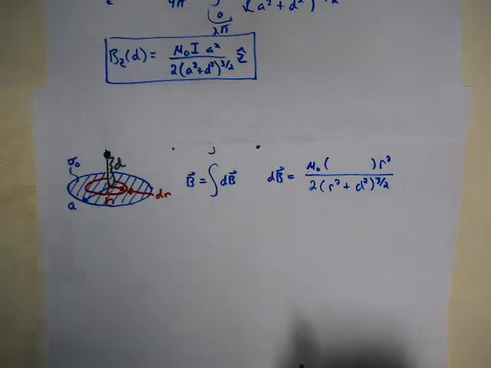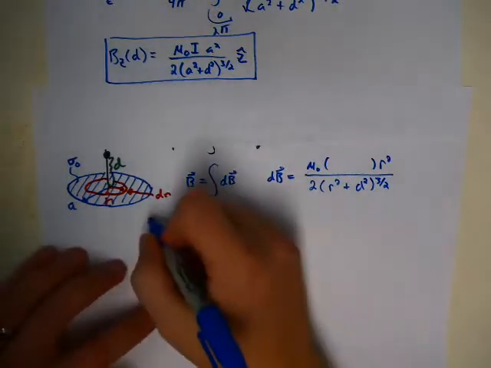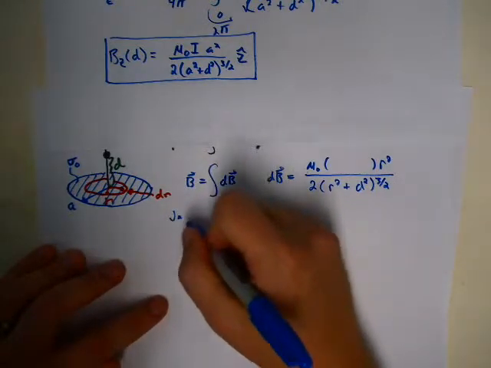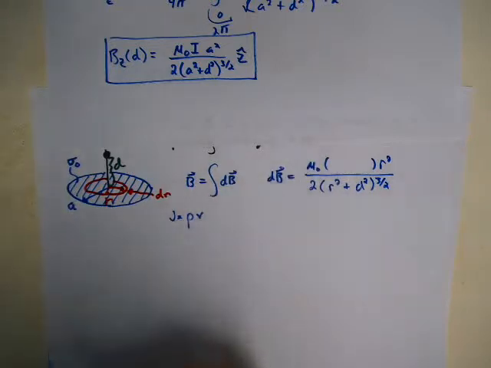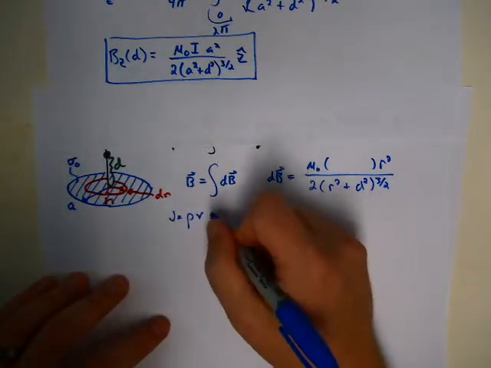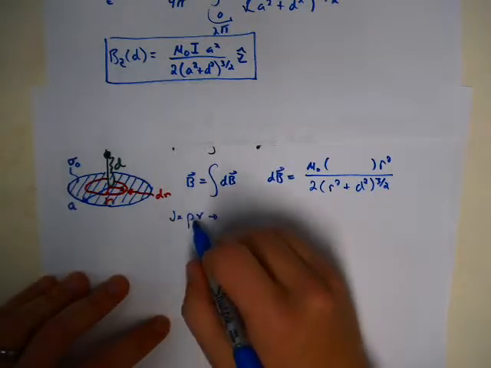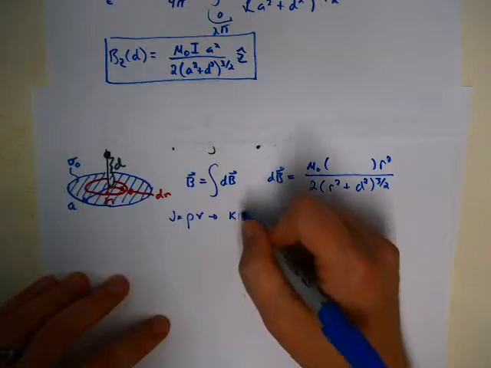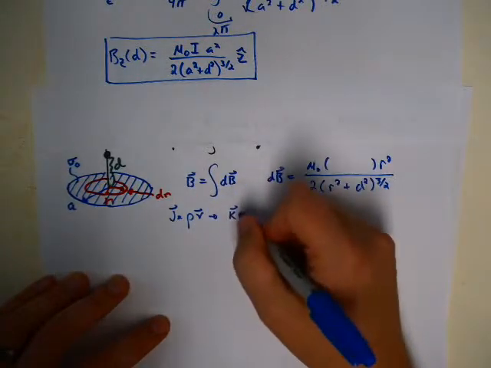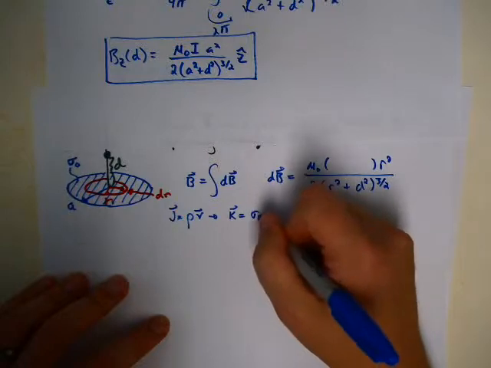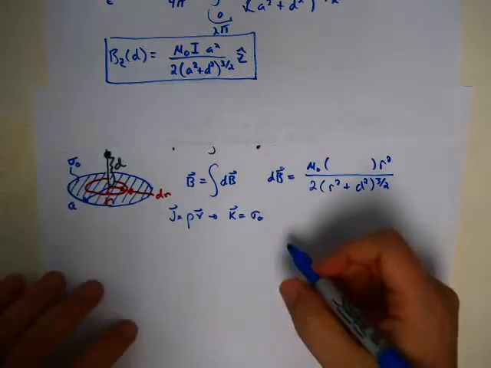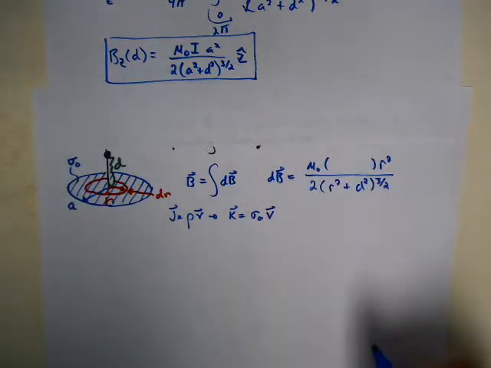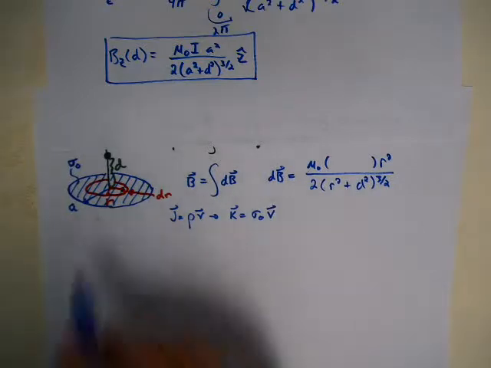Now we have to think about what this current is. We have learned already that the current density J is equal to rho times V. Well, for us we have a flat thing, so instead of the volume current density and the volume charge density, we're going to say that the surface current density K is equal to sigma naught, that's our surface charge, times V. But V in this case is going to be omega times r.